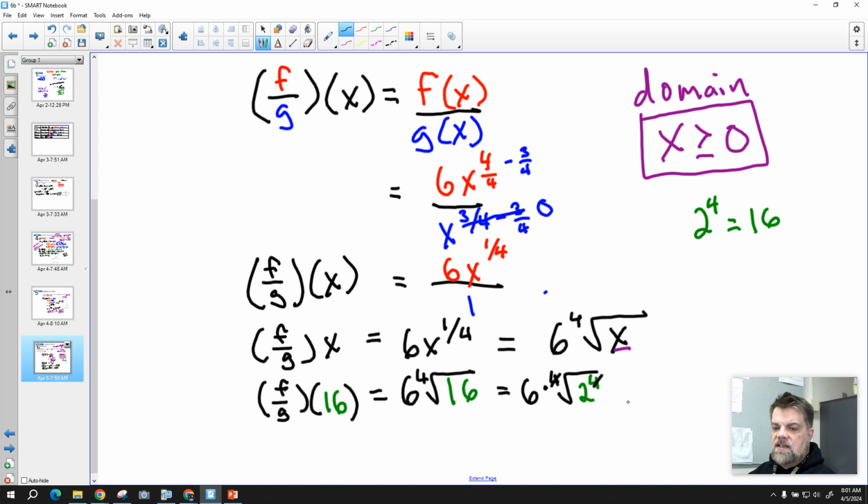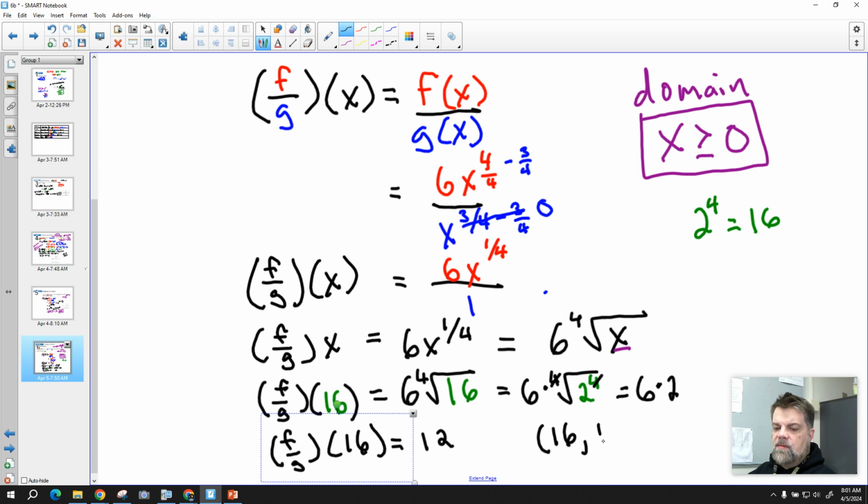And so on my next line, I've just got 6 times 2. So then f divided by g of 16 is equal to 6 times 2, or 12. In other words, if I graph this, I'm going to have a point 16, 12 on my graph. My x value and my corresponding y value.